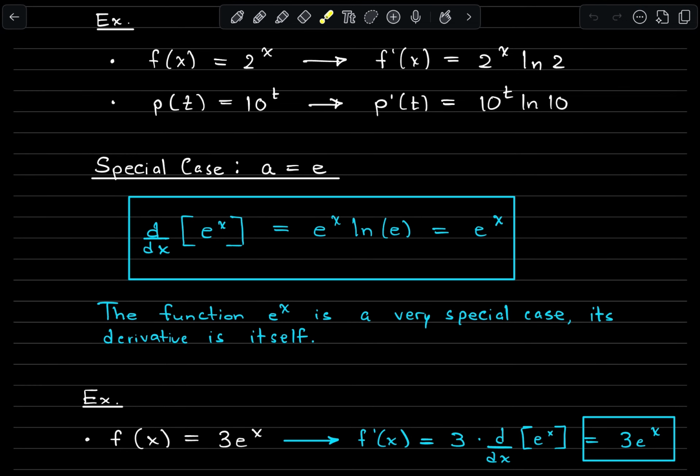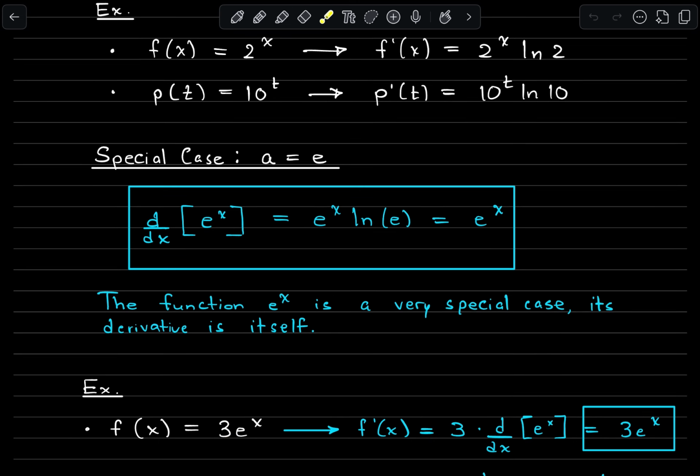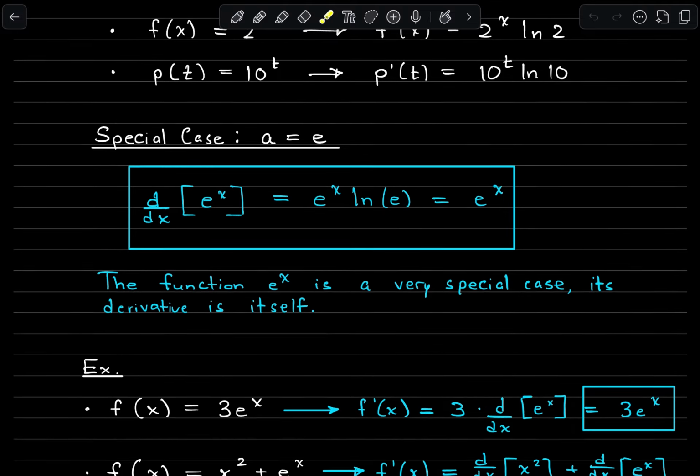So in practice, if you had some sort of multiplier in front of e to the x, well, that multiplier would come out. So if you had 3 e to the x, we would separate this, take the derivative of e to the x, but that's just e to the x. And that 3 comes back and multiplies again. So even with a constant in front of it, that function's derivative is the same as the original function itself.